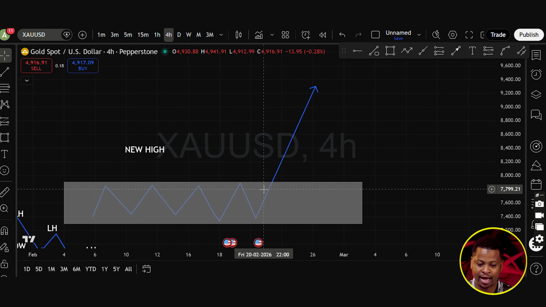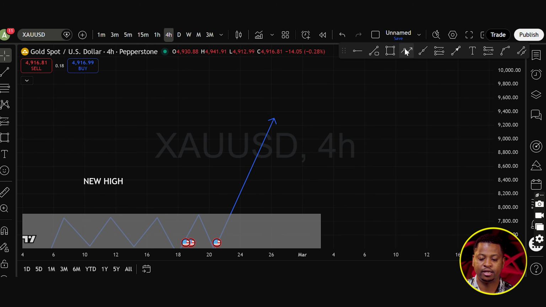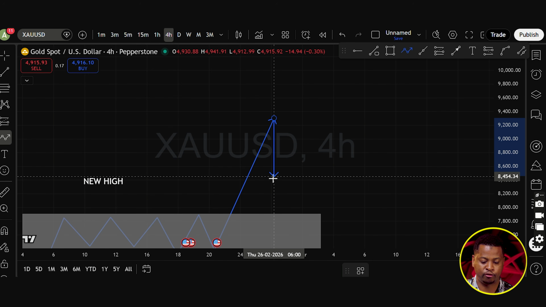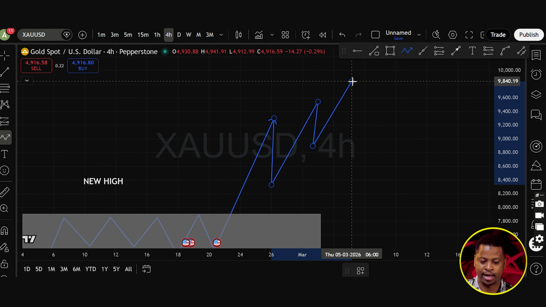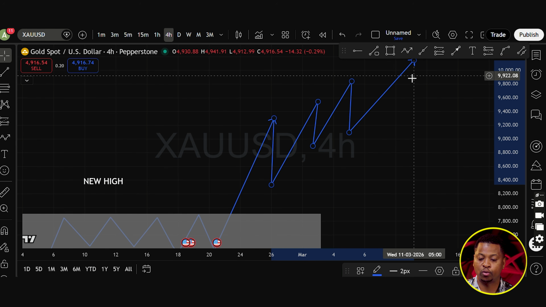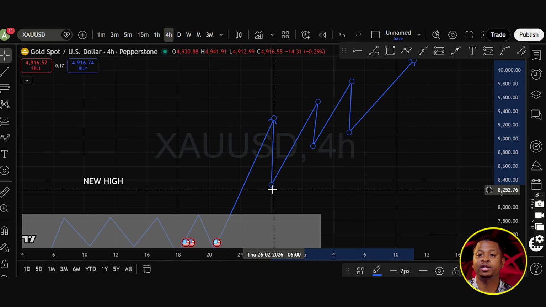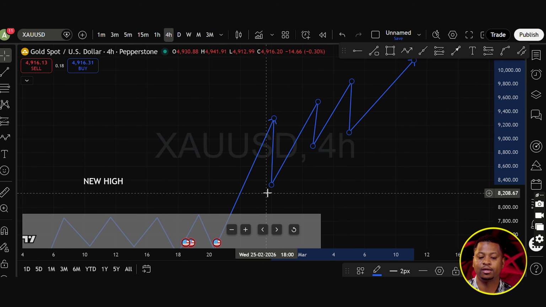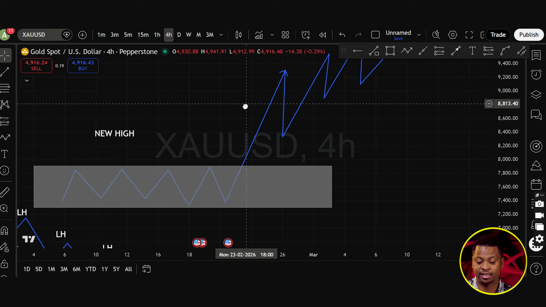So this means that the same market that gave us this indication, if it's about to form an uptrend, is definitely going to form a higher low, higher high, higher low, higher high. So you wait for this market to come down here. That is the correction that we're going to be talking about in the next video.